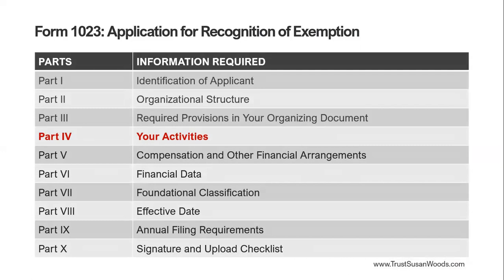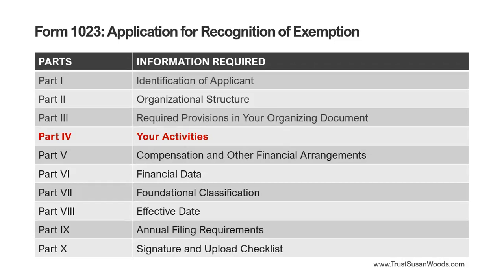Part 5, compensation and other financial arrangements. Part 6, financial data. Part 7, foundational classification. Part 8, effective date. Part 9, annual filing requirements. And Part 10, signature and upload checklist.